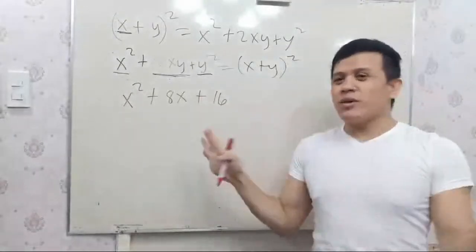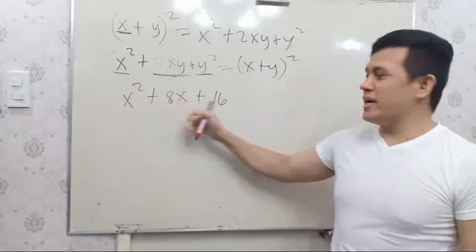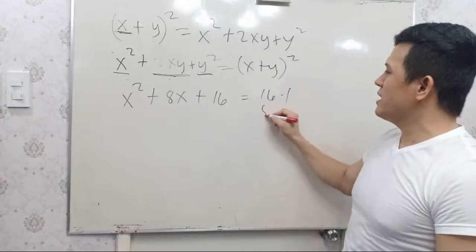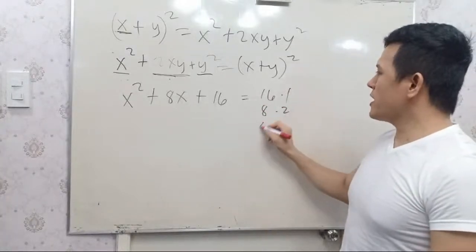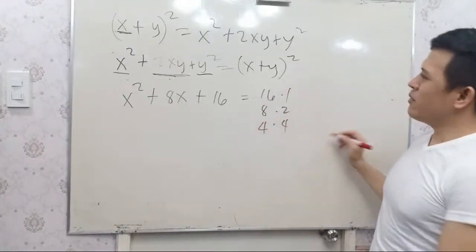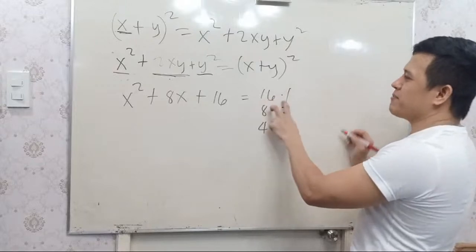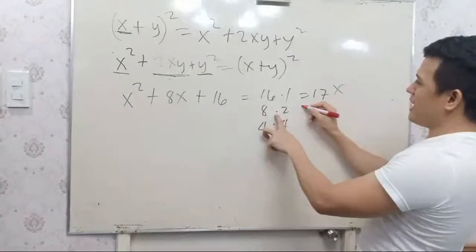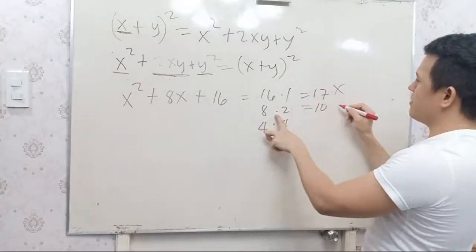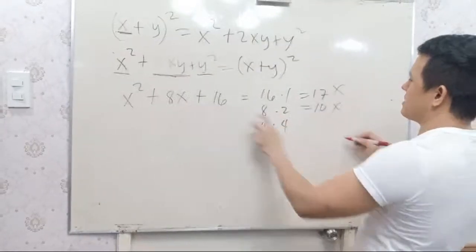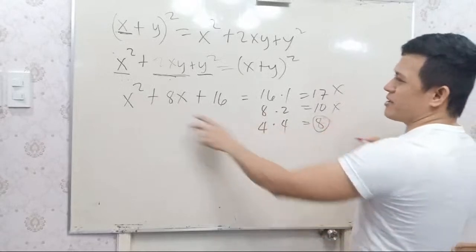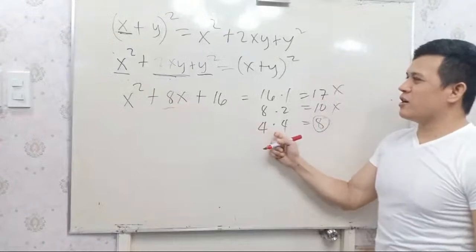That if we're going to add, that will give us the middle term, okay? Like factors of 16 is 16 and 1, 16 times 1, 8 times 2, or 4 times 4, right? Now, let's try to add them. 16 plus 1, that is 17, which is wrong because this is not the middle term. 8 plus 2, that is 10, which is also wrong because it's not the middle term. 4 plus 4, that is 8, which is the middle term. So this one will be our factors.